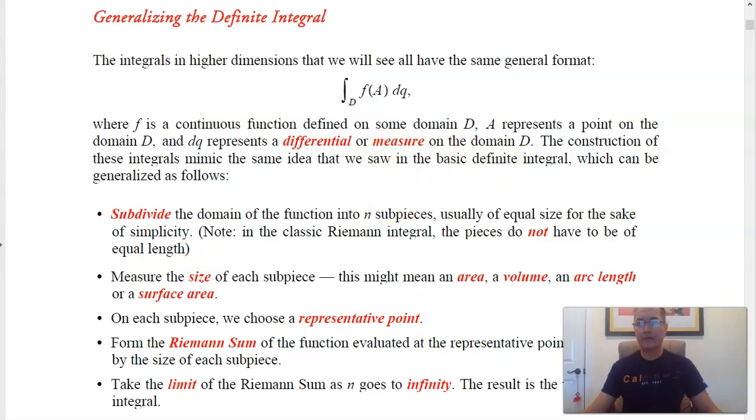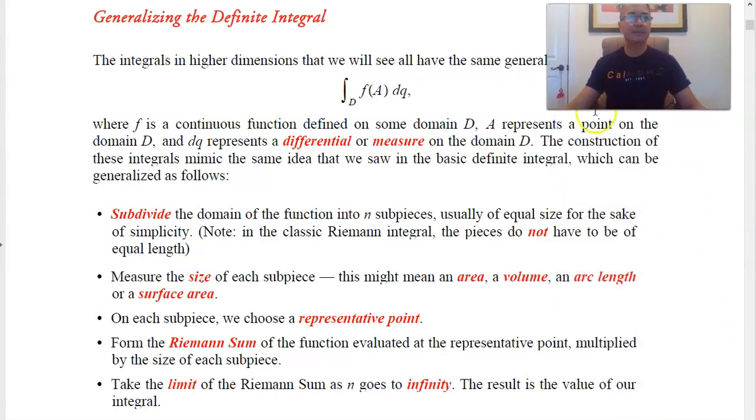So what does all of this mean? Let me scoot out of the way here. There we go. Remember the definite integral: limit as n goes to infinity, summation i equals 1 to n, f of xi star delta x. We started out by subdividing AB into small pieces.